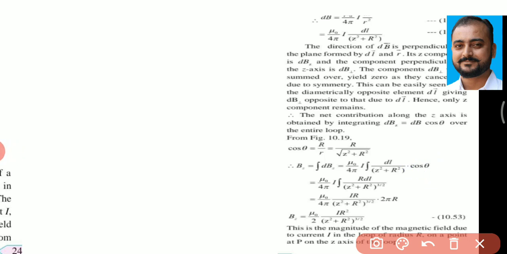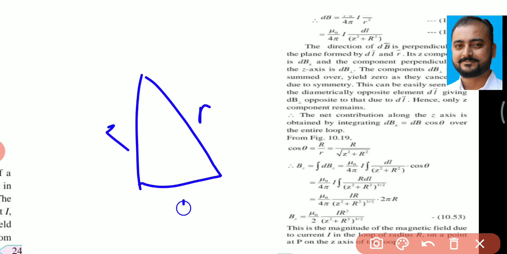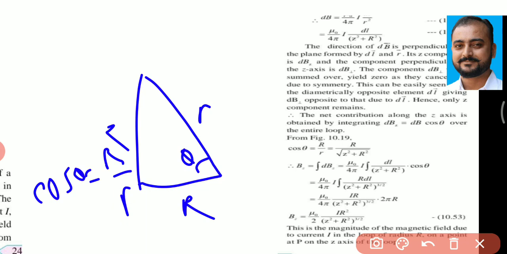Now for cos theta, simply, this is your z, this is your r, and this is your capital R. So cos theta can be given by the formula adjacent side divided by hypotenuse, that is capital R divided by small r.